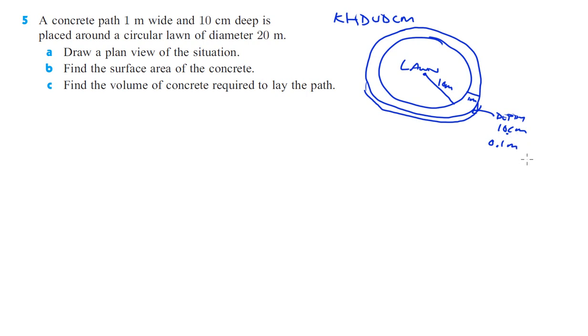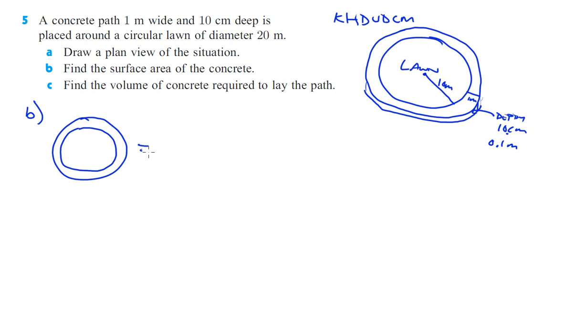So here's our plan view, I guess. It's not a beautiful plan view, but you hopefully get the idea here. Find the surface area of the concrete. So for part B, if we're finding the surface area, basically here's the concrete, there's the grass part there.